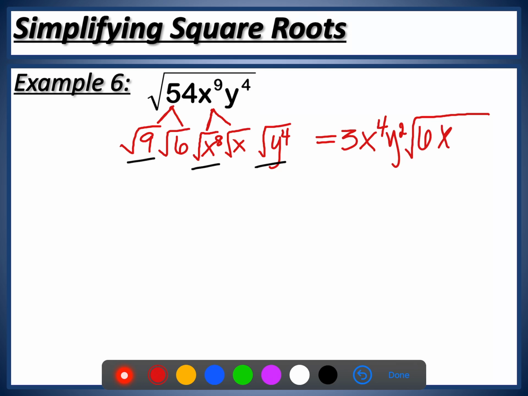So the variable can be tricky and it's going to take time to get used to, because you're not treating the exponent like a regular coefficient. You're not square rooting that, you're dividing it by 2 in order to take it out of the radical.